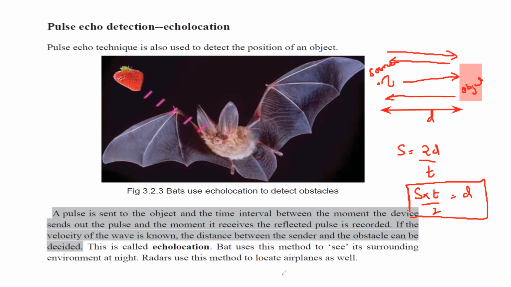Then there is one thing which is known as the detail of the image in a pulse echo technique, or image detail. So what is the image detail in a pulse echo technique?